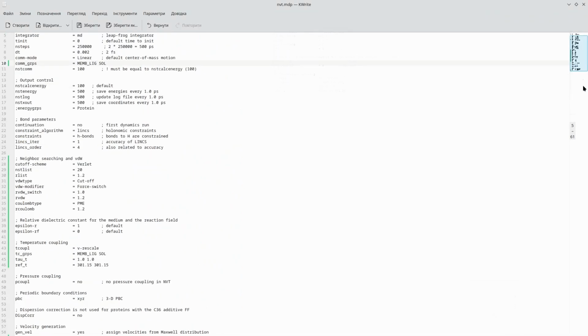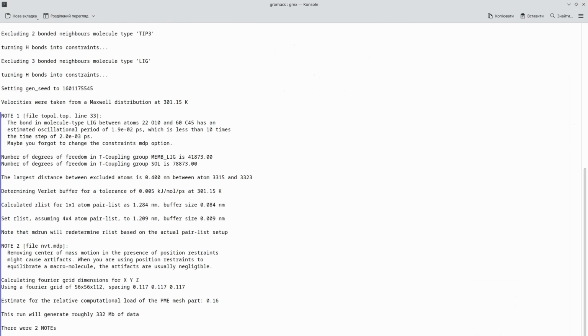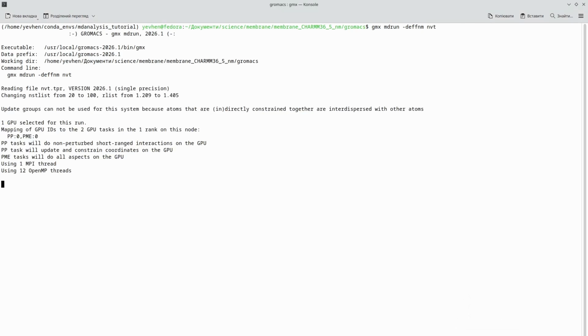Then I run NVT and NPT equilibration as I would have done it for a protein ligand complex, but in this case I only want to arrange water molecules in an optimal way around my inserted molecule.